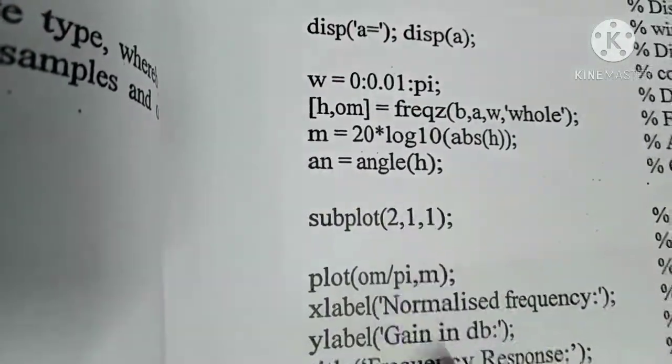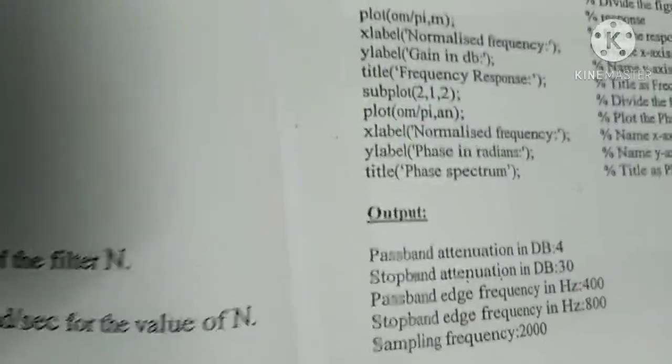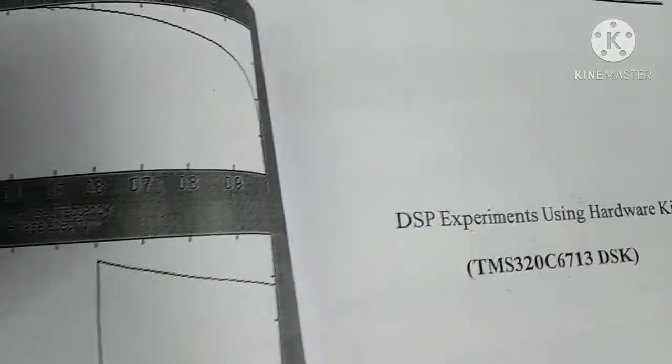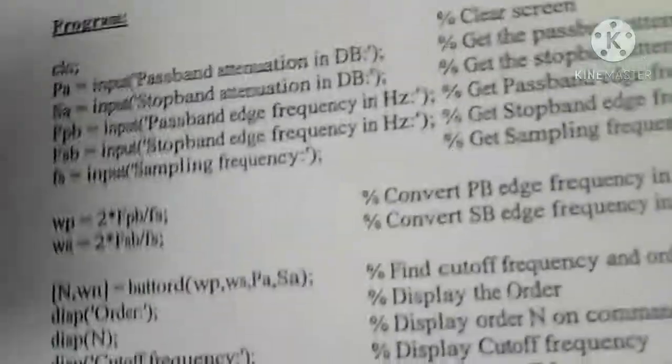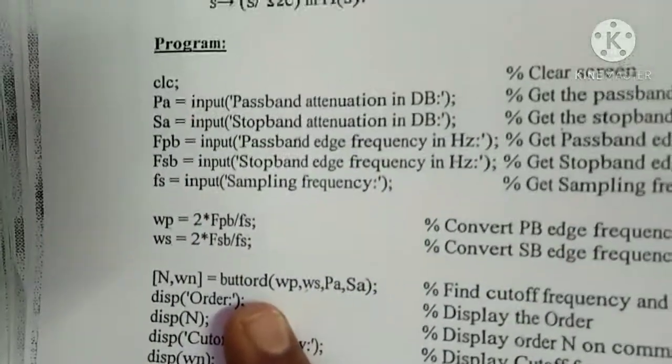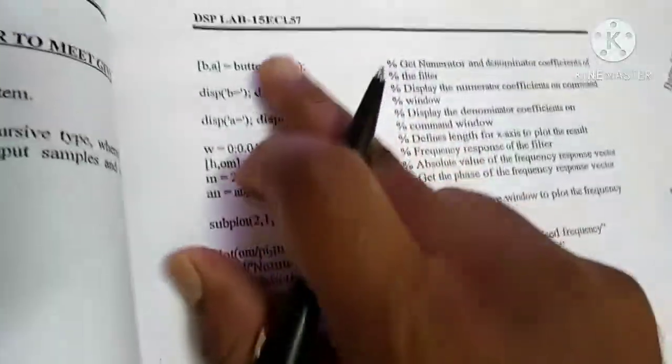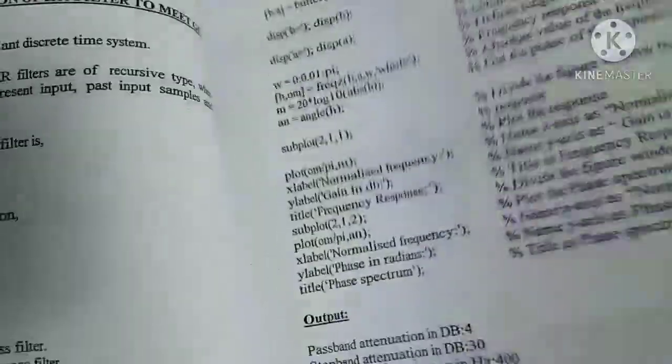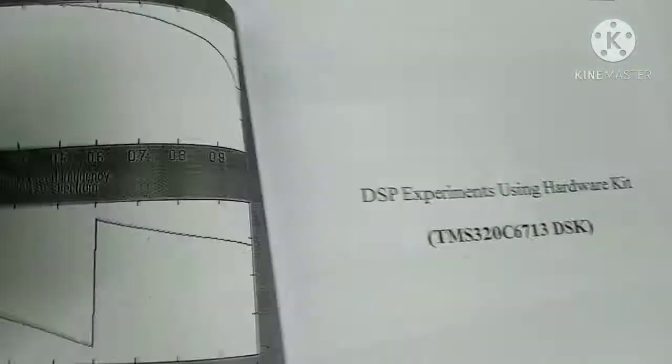Otherwise we have to plot it manually. Similarly, instead of Butterworth, if we use Chebyshev, the program is given in the record. Instead of butter you take cheby, only the keywords differ, everything else remains the same.